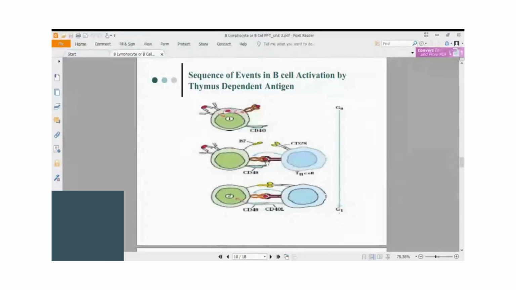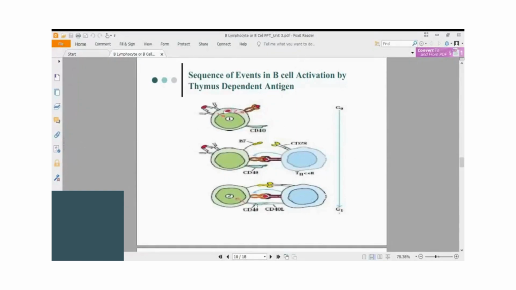Now, the beauty of the system is that the humoral immune response that is going to be started with the B lymphocyte is activated, and the cell-mediated immune response that is going to be started with the foreign antigen is also started. TH cells are also activated simultaneously with the B lymphocyte.